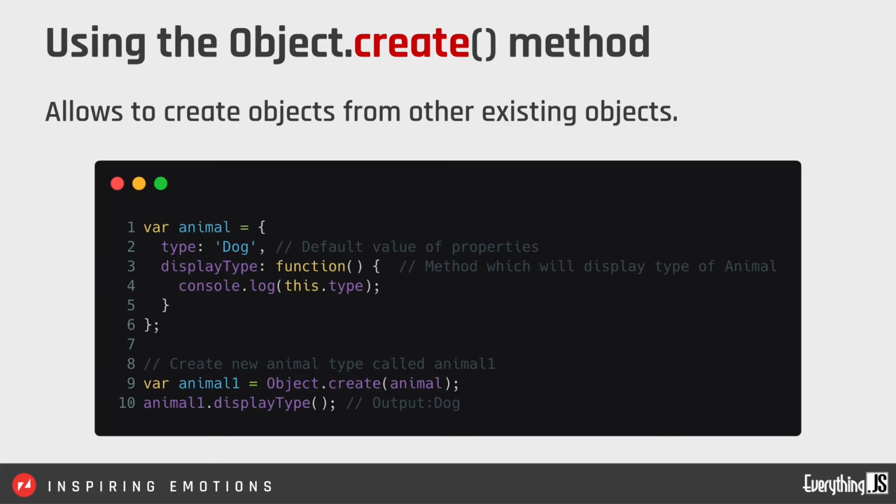So if in the above lines, say in line number 7, you call animal.displayType, it will log undefined, but in line number 10, if you call displayType, it will log dog. Hope you all got the idea.